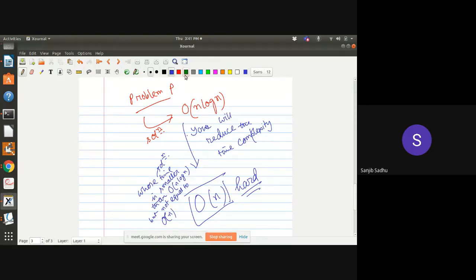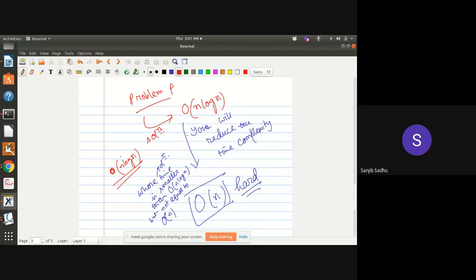That solution is less than big O of n log n, but not big O of n. So actually you will say that your solution is small o of n log n. It means it is less than n log n, but not equal to n log n.